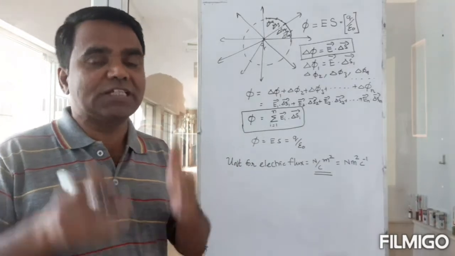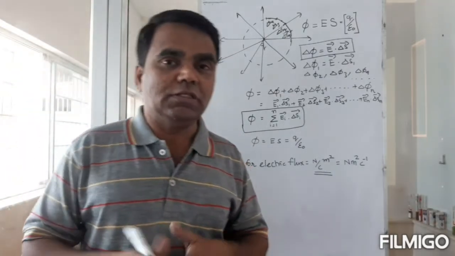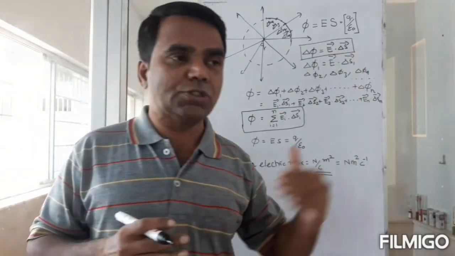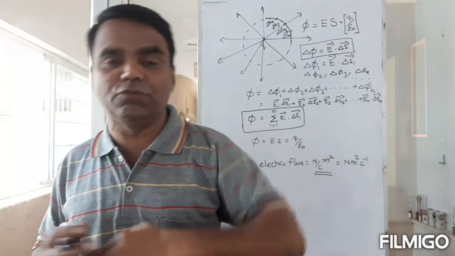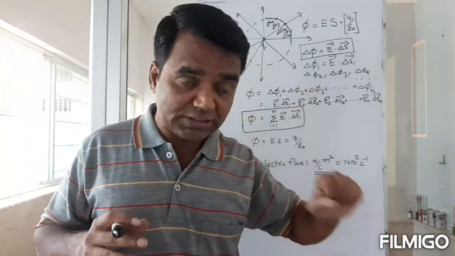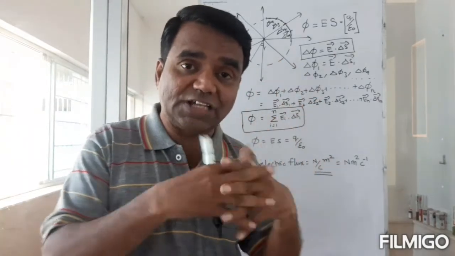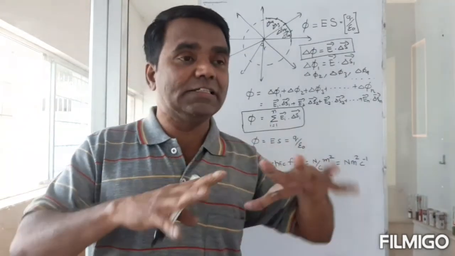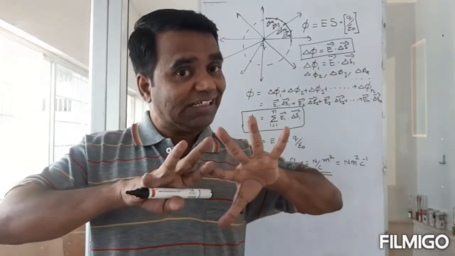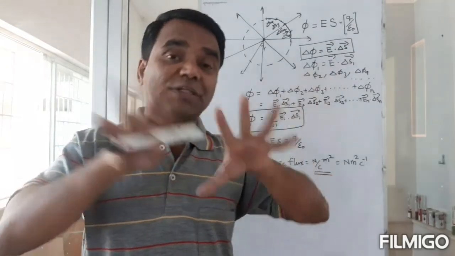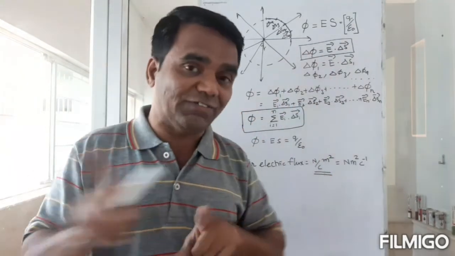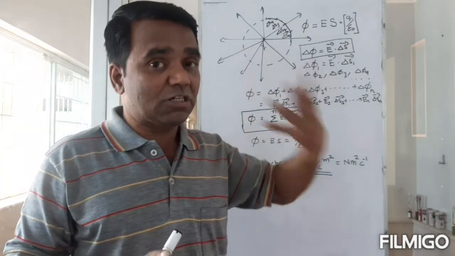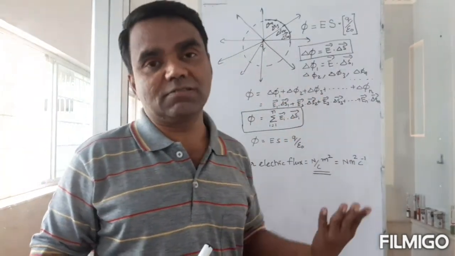So we have talked about electric flux also. I want you to think about what we have done so far. We talked about charges, and then the Coulomb force of attraction and repulsion between them. Then we developed the idea of a field, and to represent the field, we developed the idea of electric field lines, and from the electric field lines, we developed the concept of electric flux.